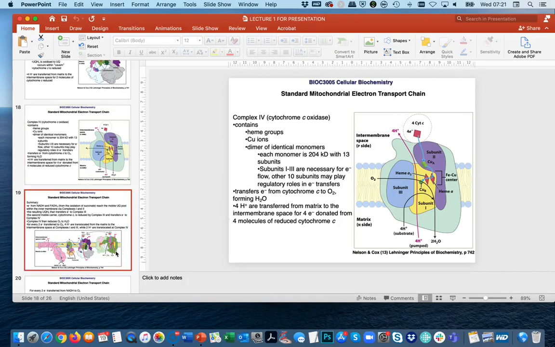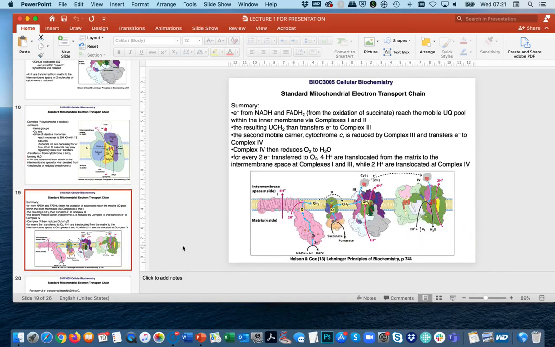Putting all of those reactions together, we see the mitochondrial electron transport chain in this diagram on the next slide, slide 19, I believe it is. And in summary, we can say that electrons move from NADH or FADH2.